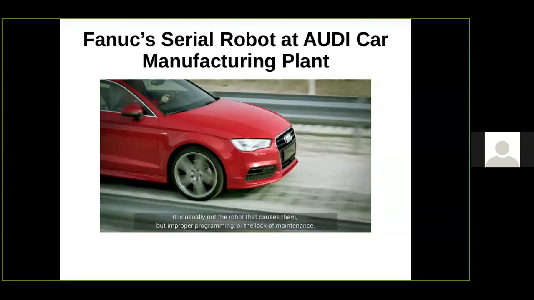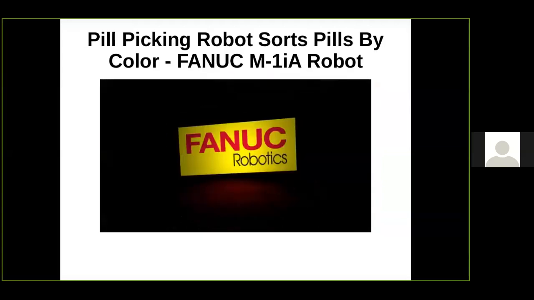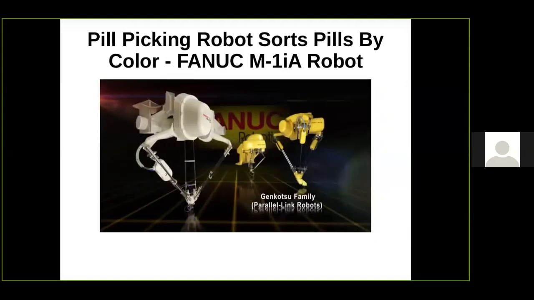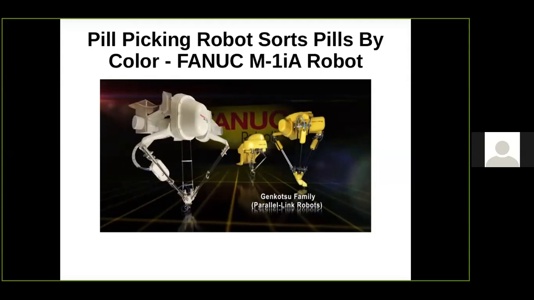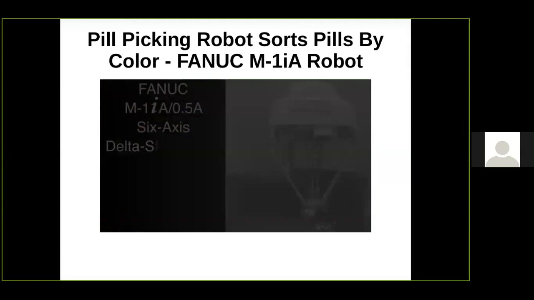Next, we are going to see an example of a parallel manipulator. In this example, there will be a lot of pills, that is tablets, of different colors on the table.